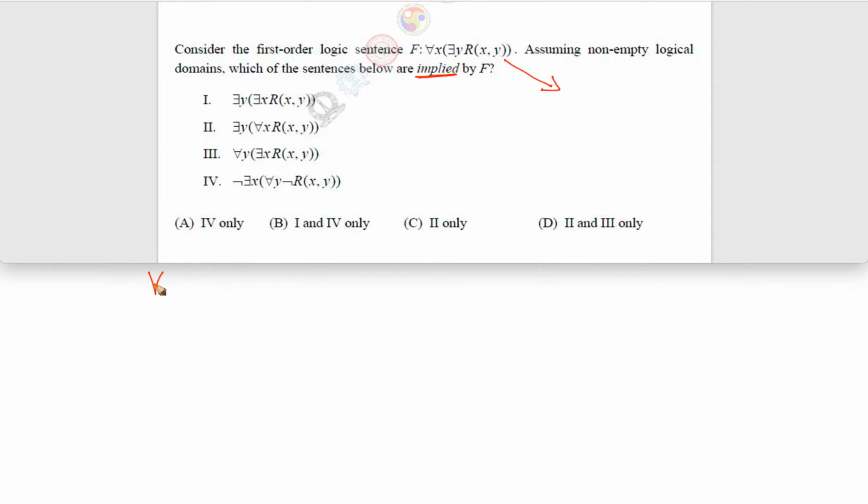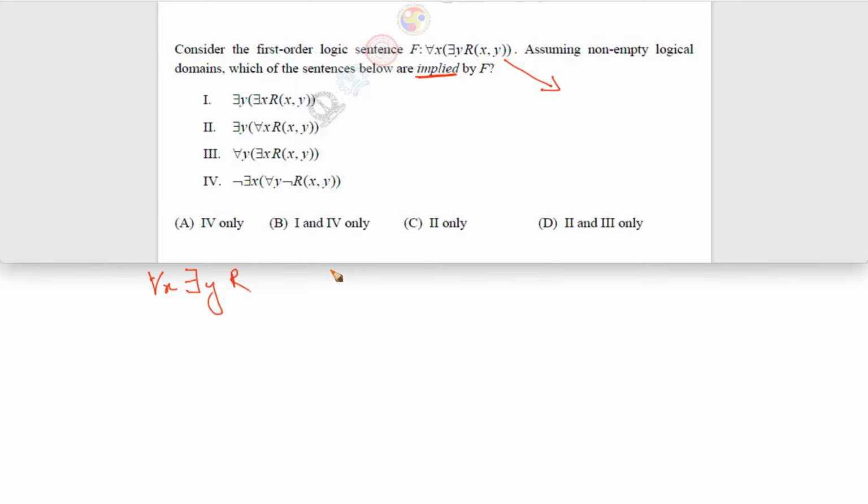The given first order logic sentence is for all x there exists y r(x,y), right? Okay, so for the sake of simplicity and brevity, I will simply write r at every place, and that means simply r of x,y.